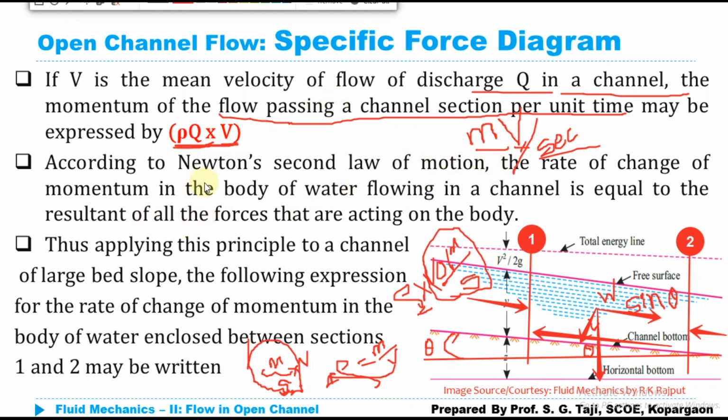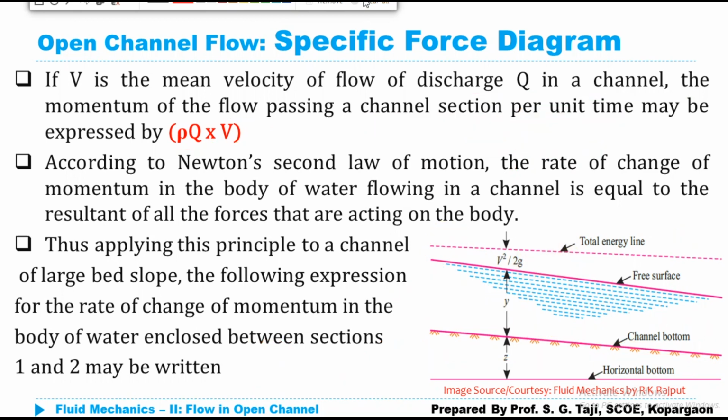Now according to Newton's second law of motion, the rate of change of momentum on this particular fluid mass would be equal to the resultant of all forces acting on the fluid mass we have considered in between section 1 and section 2.